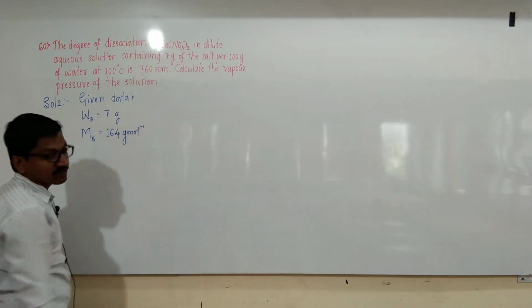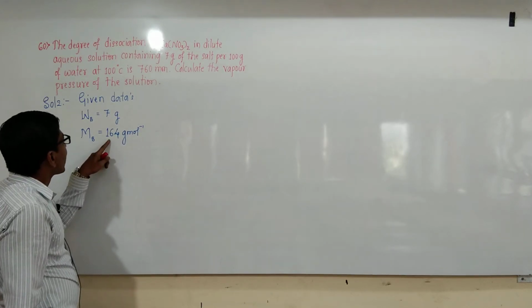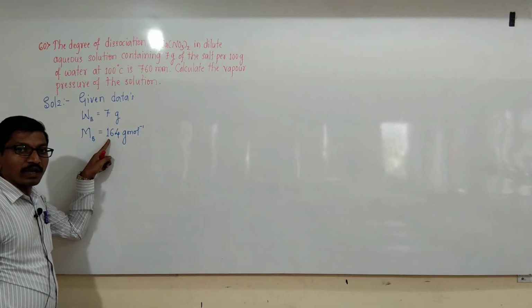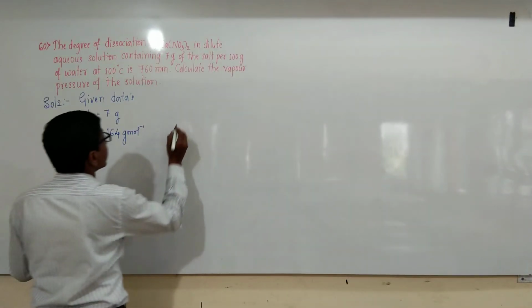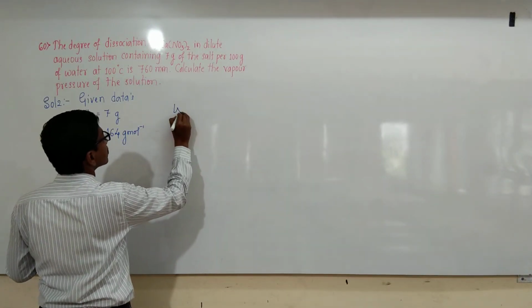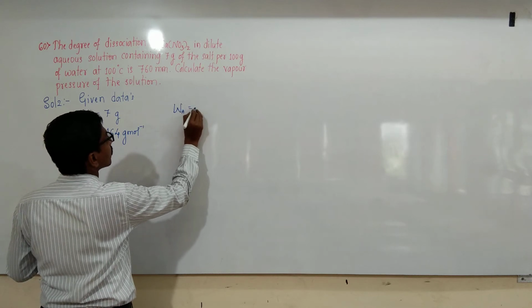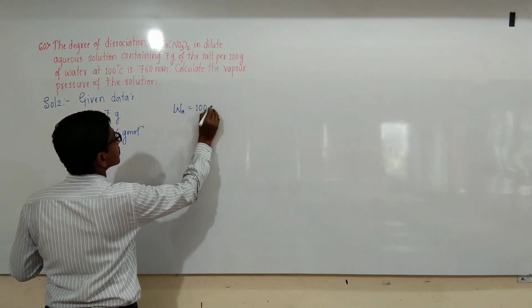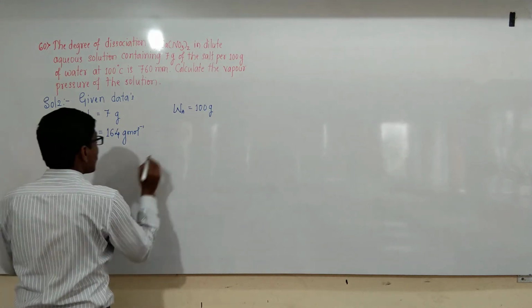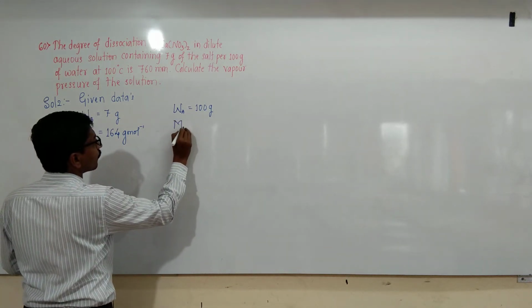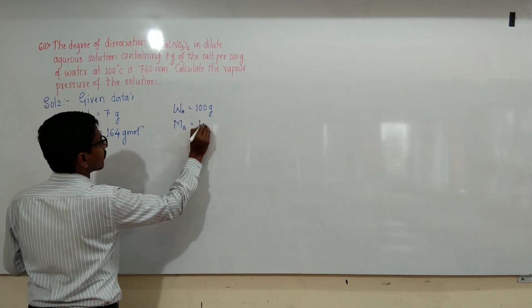Formula is given, calcium nitrate, and by calculating its molar mass it becomes 164 gram per mole, and WA is the weight of the solvent, 100 gram. Then molar mass of water is 18 gram per mole.